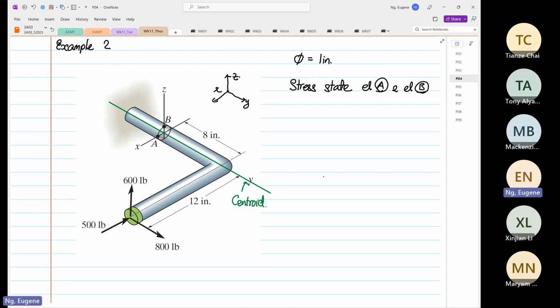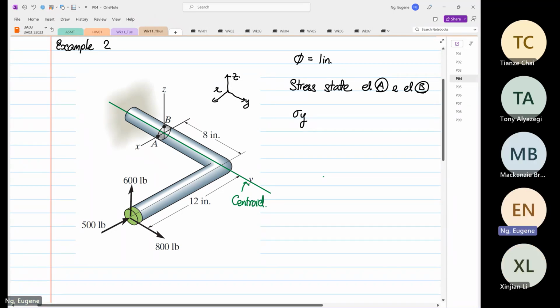So from here, for the formulas, for now, we take it as we don't know what stresses they have. So we know that we are going to find stresses in the y direction. Normal stress, because the centroid is aligned with the y direction, right? So that's why normal stress is in the y direction.